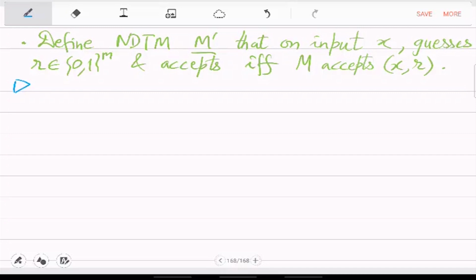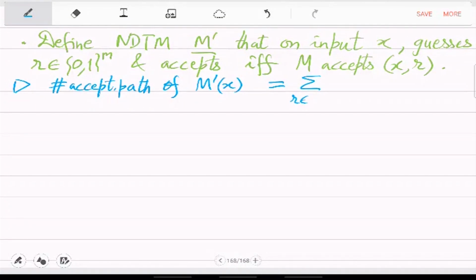And so how many accepting paths does M prime have? The number of accepting paths of M prime on x equals the sum over all R of the number of accepting paths of M on (x, R).